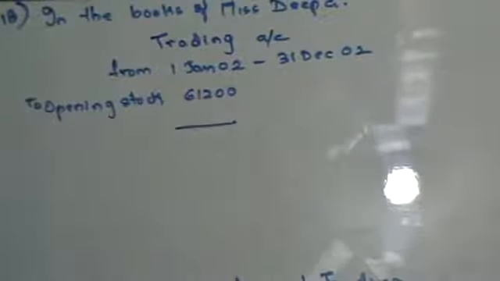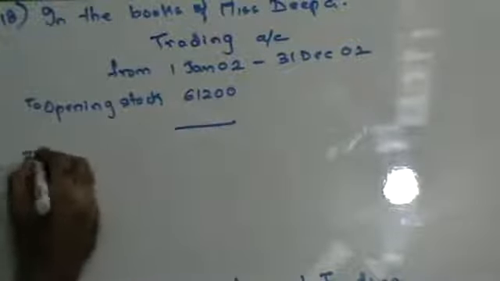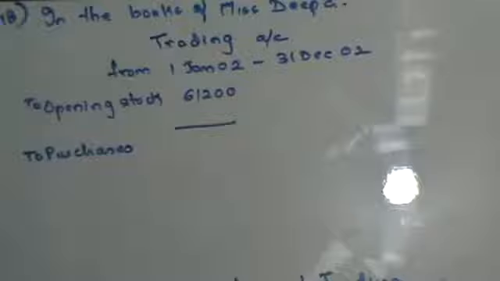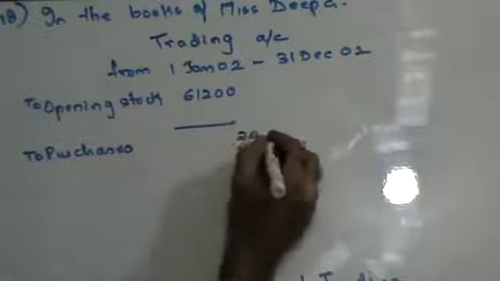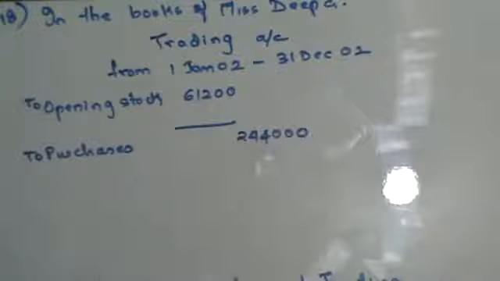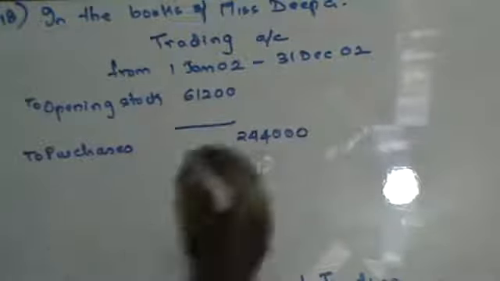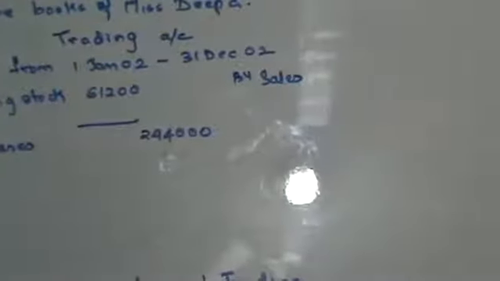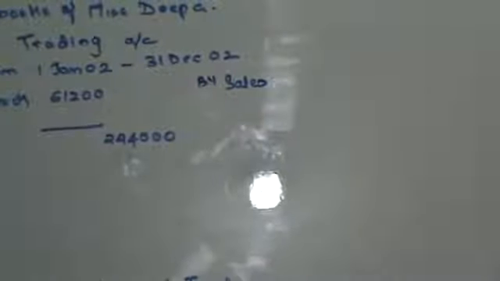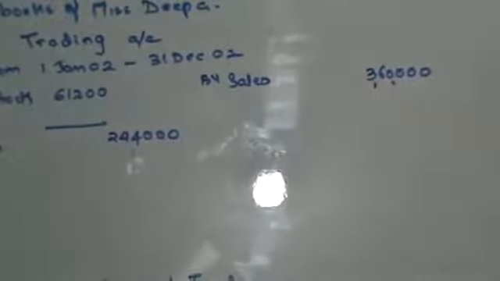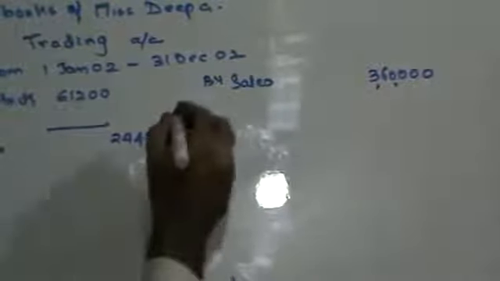Next, purchases. Purchases of previous year is given to you as 2,44,000. Next, sales of the previous year. Sales of previous year is given to you as 3,60,000. Next, they've also given you closing stock of previous year.